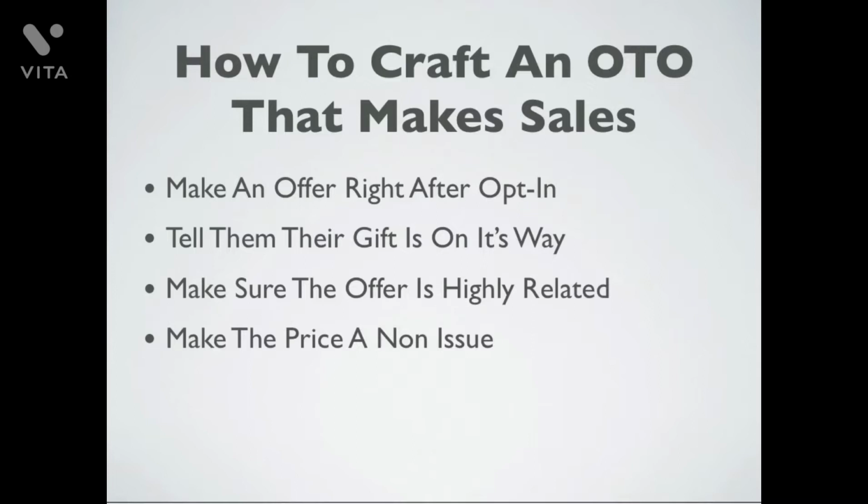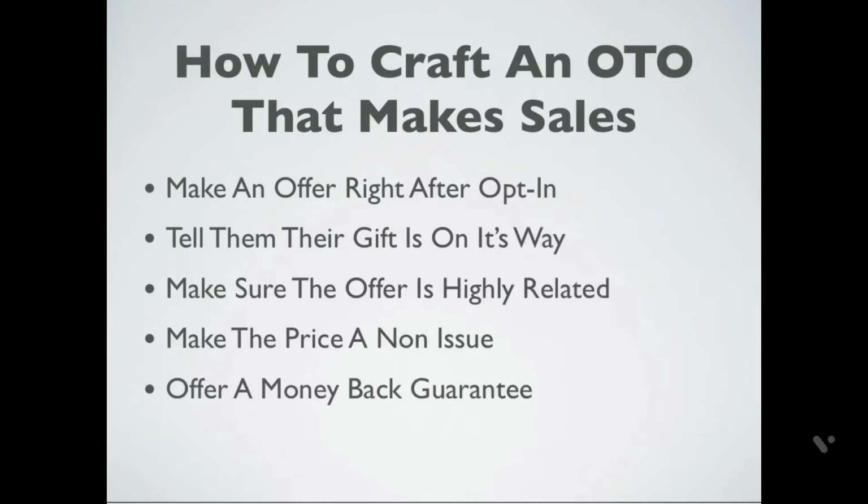So keep that first offer, when you're trying to get money, in the $5 to $10 range, okay? And make sure you offer a money back guarantee. I found that just offering a money back guarantee, you might get a 5% boost in sales, maybe even more sometimes. So make sure you do offer a money back guarantee.